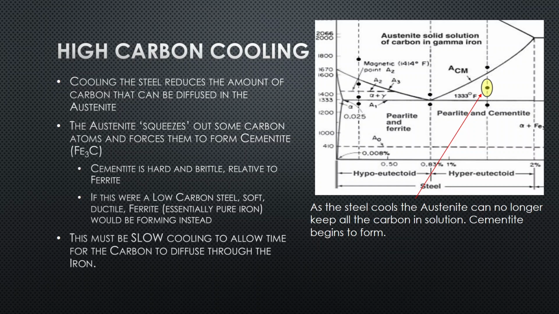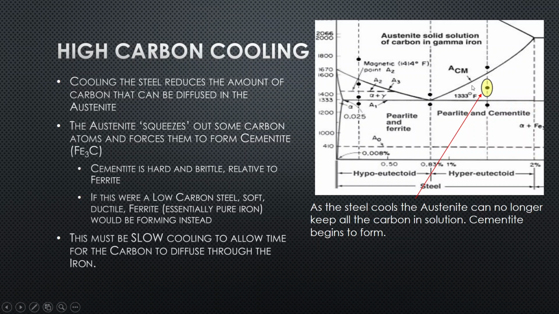I've entered a slush zone right in here. And in this slush zone, instead of having low carbon ferrite start to form, high carbon cementite starts to form. As this austenite starts to squeeze that out, the cementite is also a very pure structure, but it needs a lot of carbon.